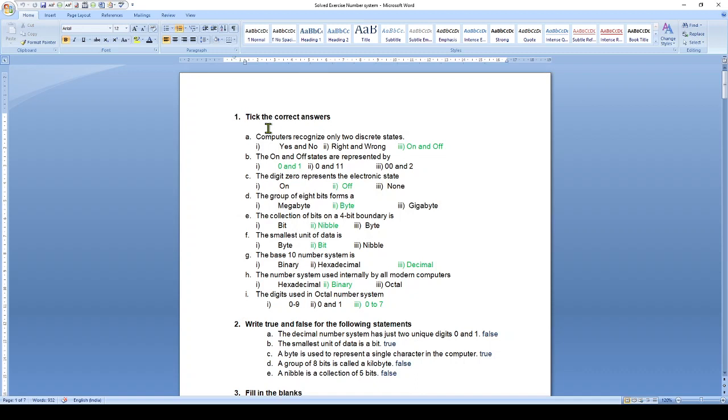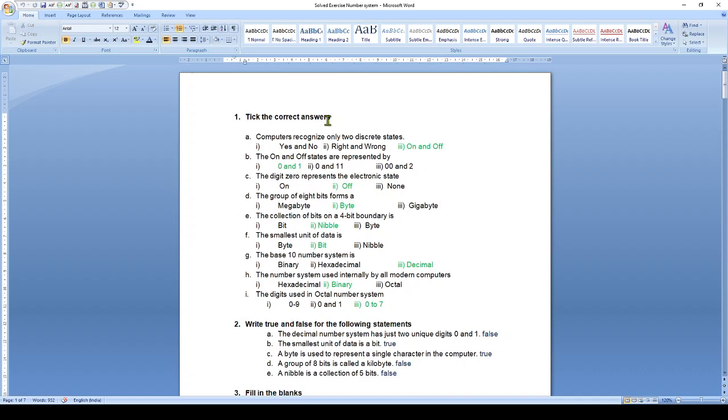Now you see I have made a Word file solving the exercises for you, and I will briefly describe and explain each answer that has been written in this document. So let's begin. The first one, tick the correct answers.